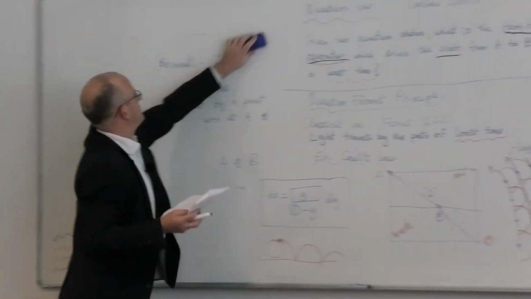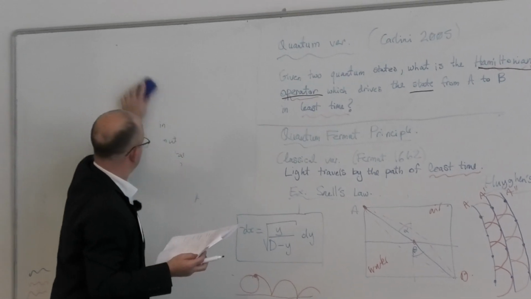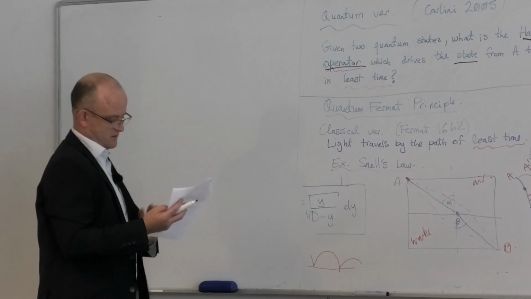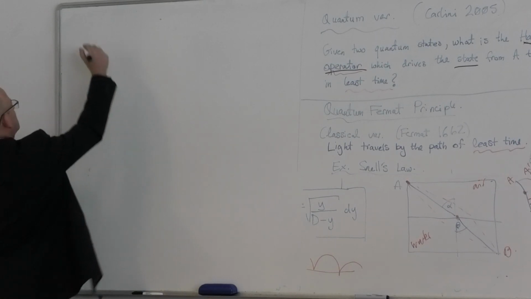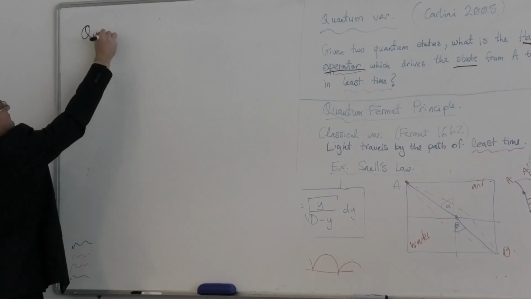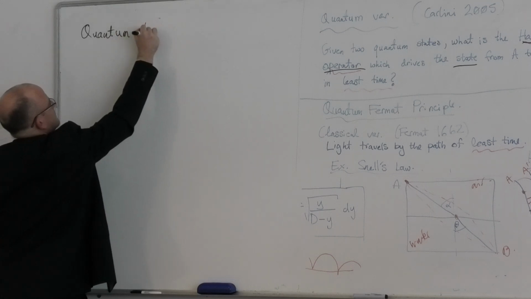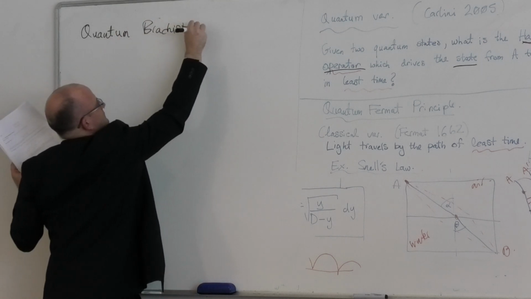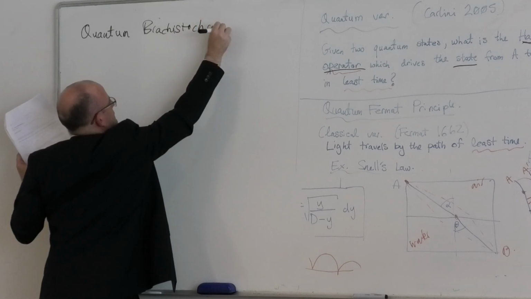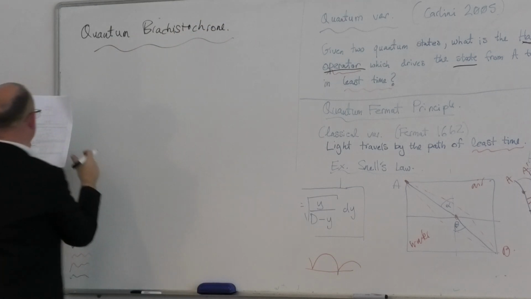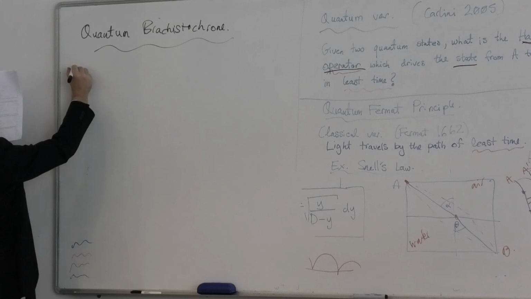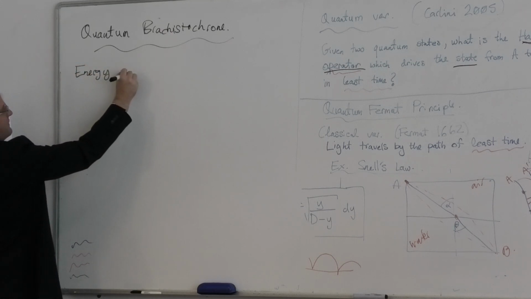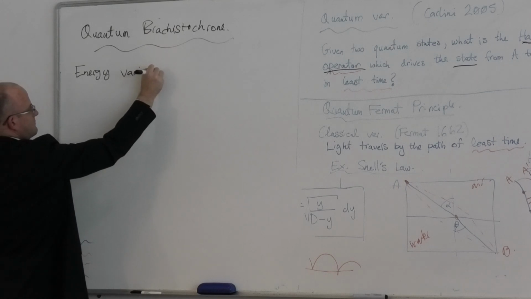Let's see if we can do something with it. Brachistochrone. Start with some maths. The formula for energy variance is very simple.